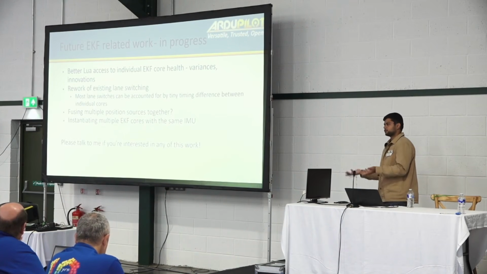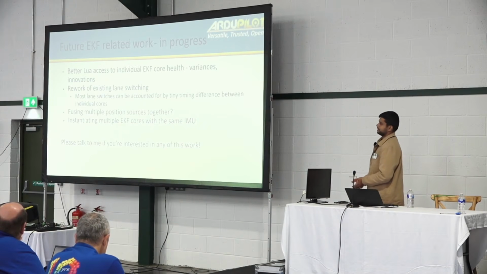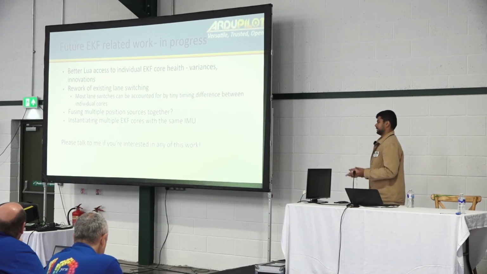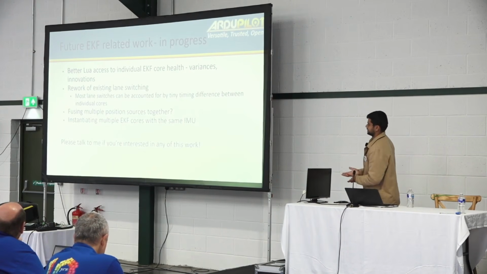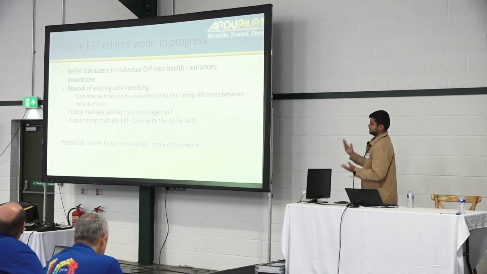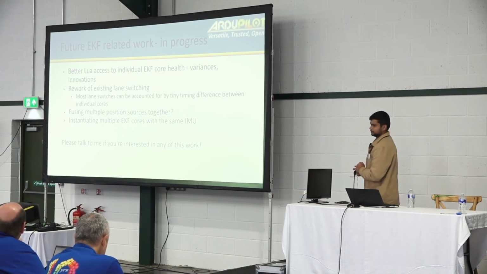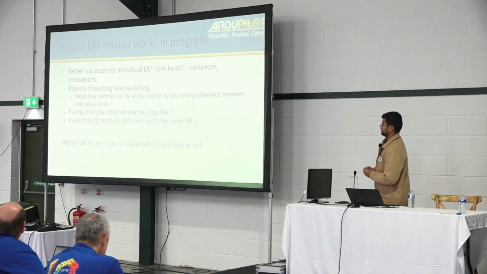So the cores don't really run all at the same time. And if one of the cores has a marginal increase in its score for a really, really short time, you notice that there's a lane switch, and it really doesn't make a difference. And it just sometimes scares the users at best. So I'd like to fix that, but I need suggestions from other devs on how that would really come about.